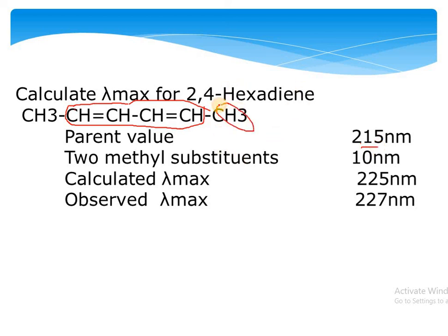This alkyl group is attached, and similarly this alkyl group is attached, so two alkyl groups, two methyl substituents, are present, and for each we have to add 5, that is, for 2 it is 10 nanometers. By adding these values we get 225 nanometers, and this molecule, 2,4-hexadiene, will absorb UV radiation at 225 nanometers. If we observe its actual value, it is 227, and the calculated one, both are almost the same.